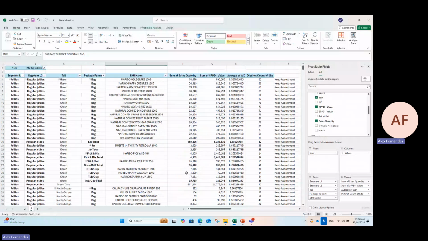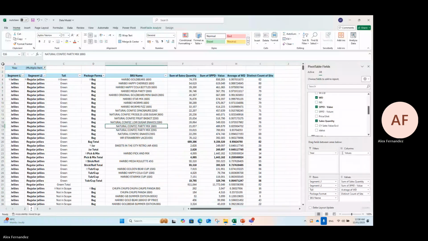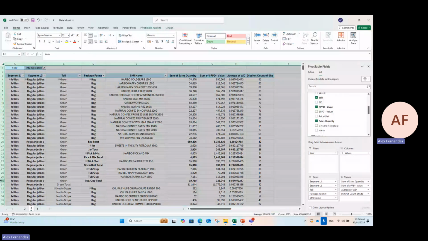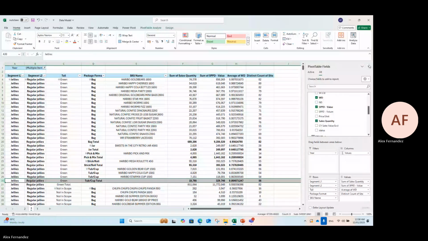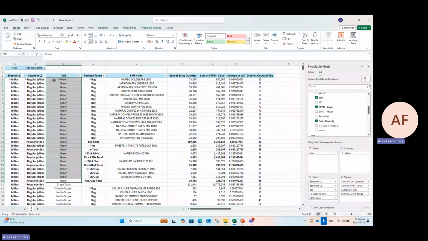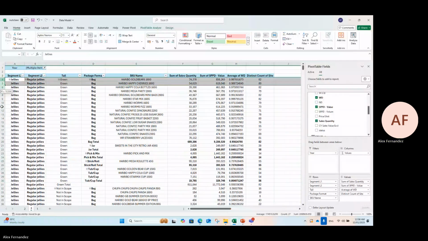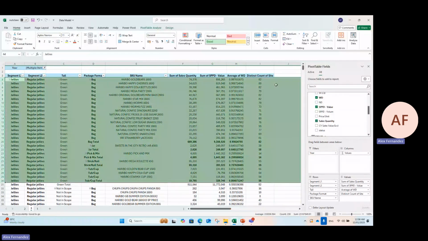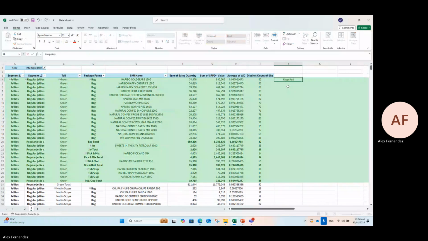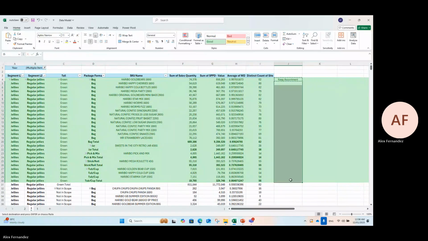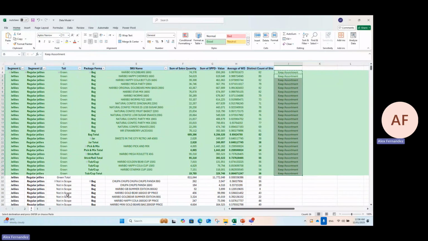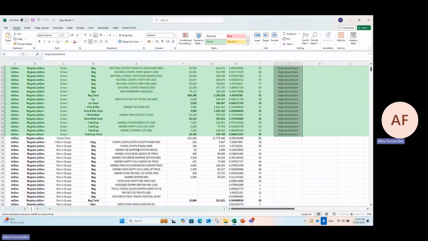So we put tail here. And the reason I did this is, for example, anything green we said we put as keep assortment. So let's put here keep assortment. And not in scope is a not in scope SKU.